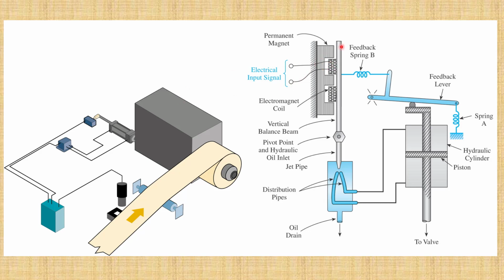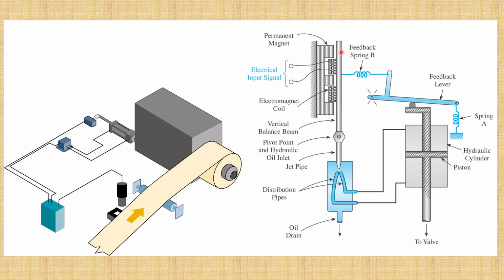But in this case, instead of opening a valve, I have this jet pipe that pushes hydraulic oil either this direction, down this port, or if it's turned this way, it directs that flow this way.